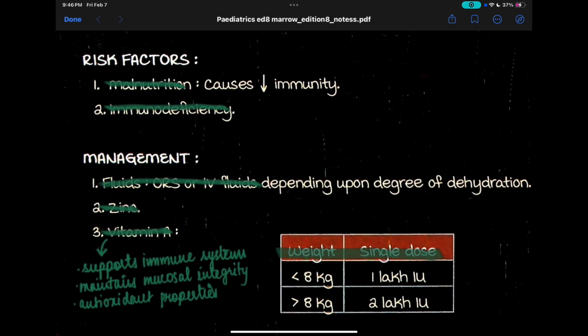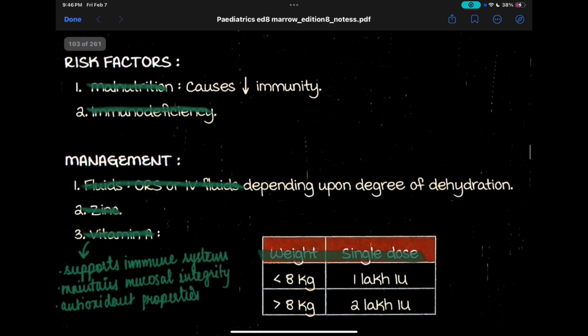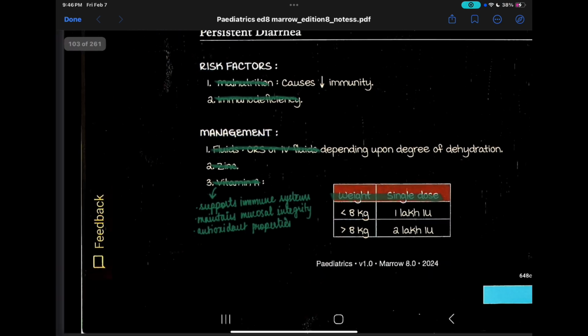Give a single dose of vitamin A based on weight. If weight is less than 8 kg, give 1 lakh international unit. If weight is more than 8 kg, 2 lakh international unit.